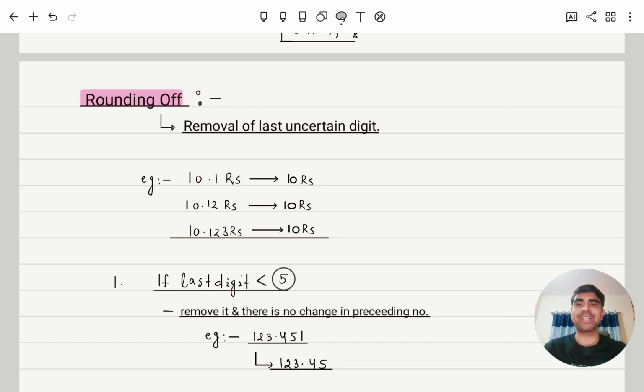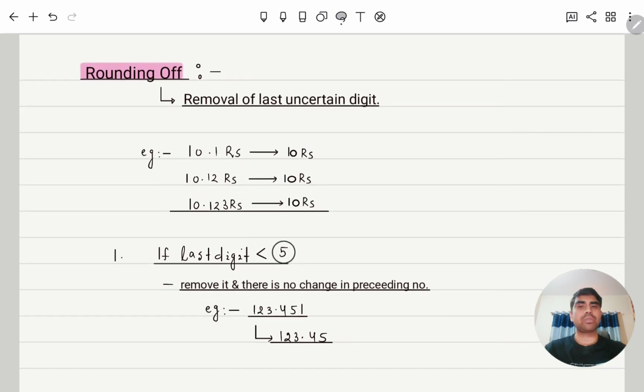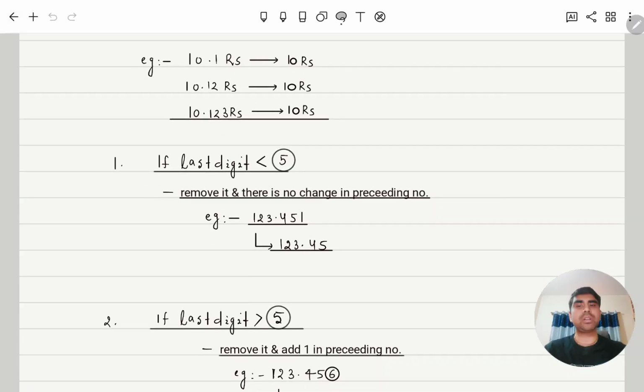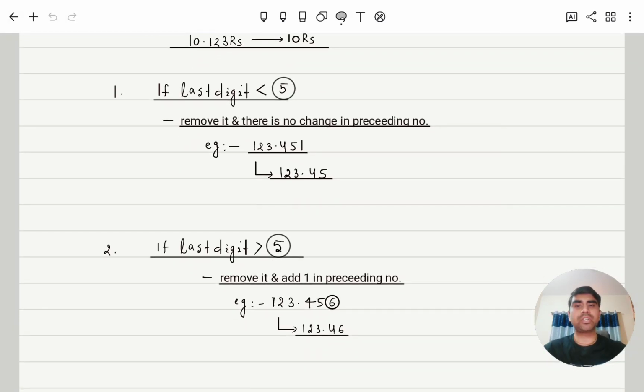So here you can see that rounding off means we remove the last uncertain digits, like here 10.1, 10.12, 10.123. Yes, you can round off and say it is 10. So for rounding off, we look at the last digit. If the last digit is less than 5, then remove it and there is no change in the preceding number.